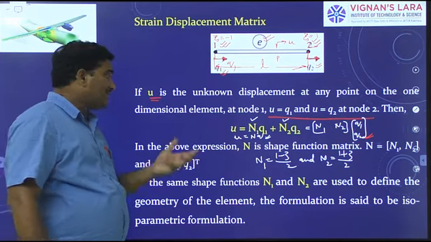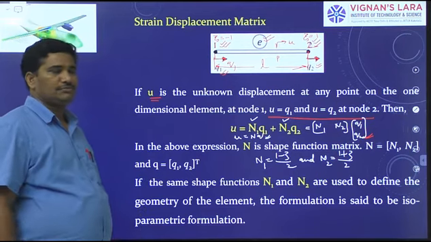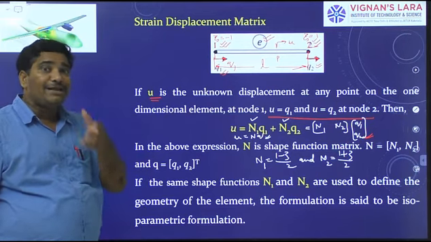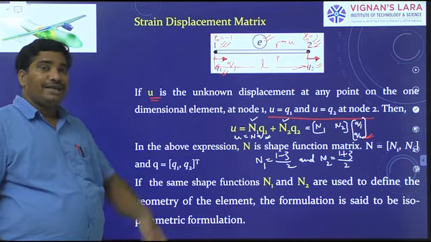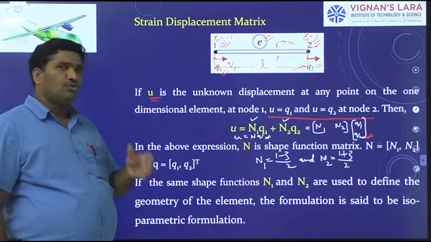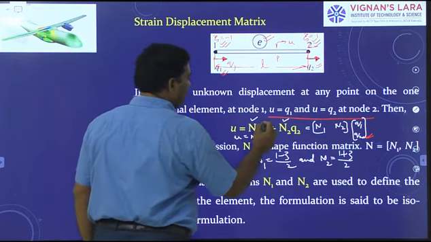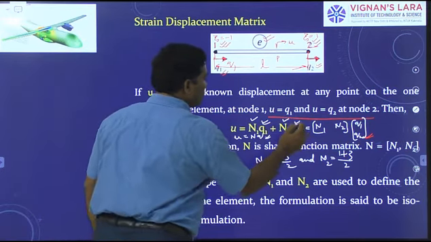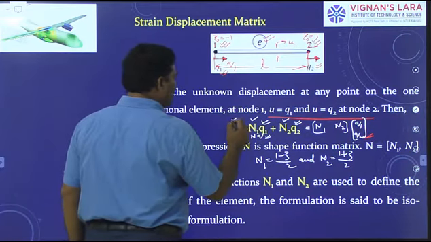We know what a shape function is. Shape function is an approximating function, or you can say an interpolating function. It is the function used to interpolate the nodal field variables. What are the nodal field variables? q1 and q2. With the unknown field variable, what is it?